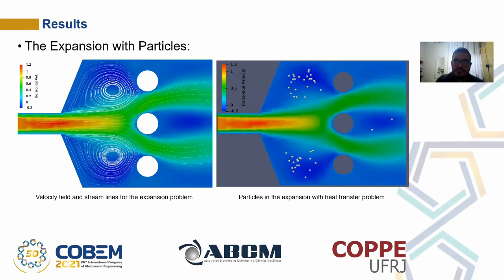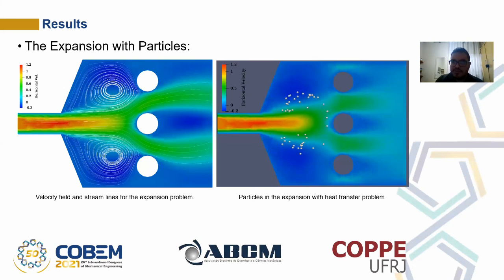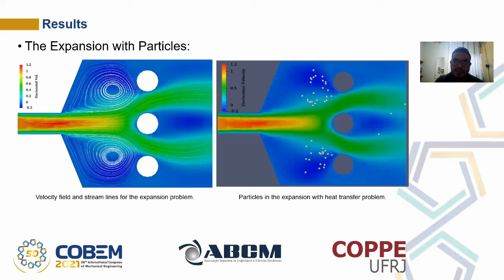Most particles keep recirculating, and that is an interesting mechanism of reducing emissions. And also some other particles get trapped in the recirculation after the cylinders, and some of them get passed. So it depends on how light particles are, of course. And this is a very interesting result to be shown.